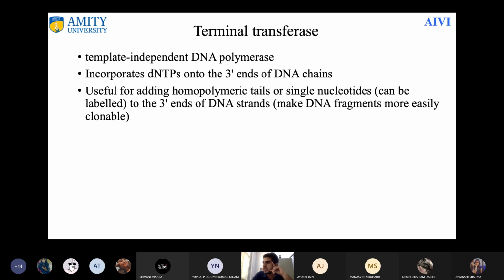As we have discussed in the previous class, what are the terminal transferases? They are the enzymes which transfer a nucleotide at the 3' end of the DNA to become a sticky end. In such cases, we are not going to incorporate a long sticky end.